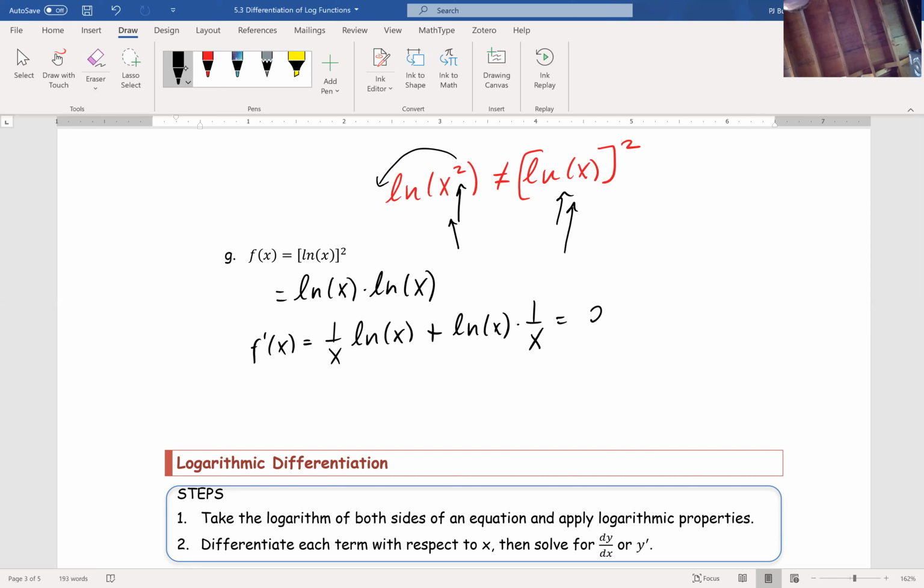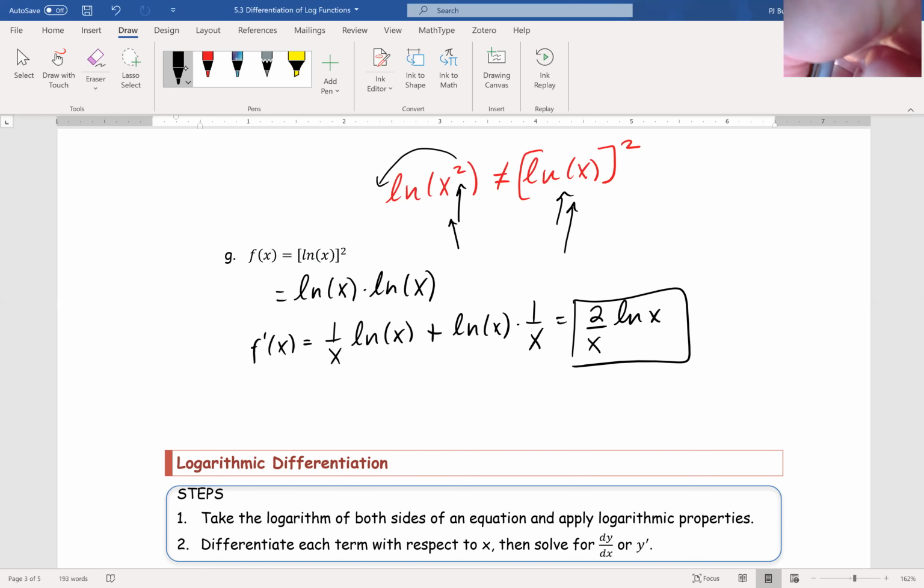Well, that's just 2 over x, natural log x. Which you would also get if you did chain rule. You would bring the 2 down in front, take the derivative of the inside, which is 1 over x, and then you would still have a log x there.